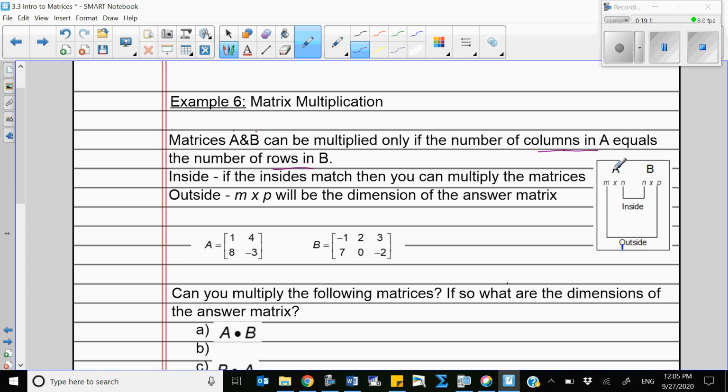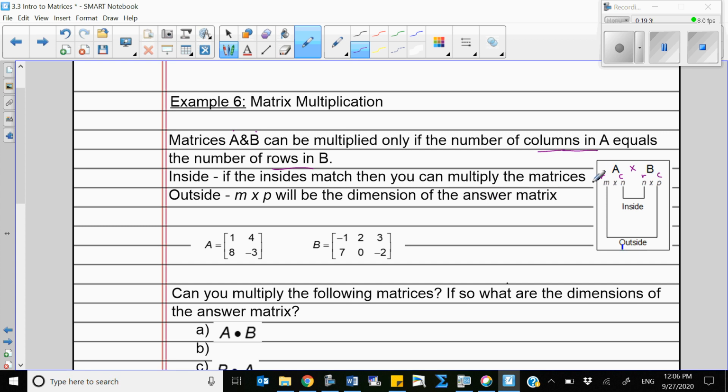If I want to multiply these two matrices, let's consider m by n as the dimensions of A. So this is the number of rows and this is the number of columns for matrix A. And for matrix B, number of rows is n, number of columns is p.